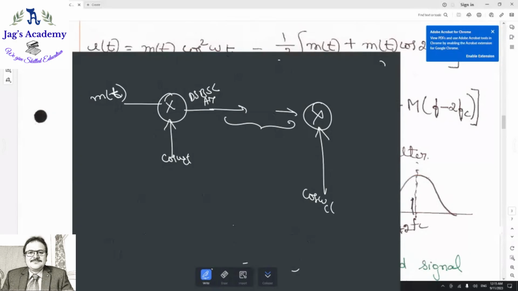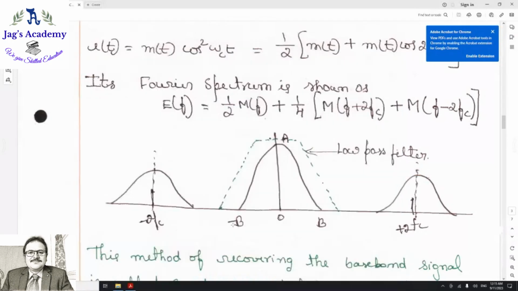So what you are going to get back is your original signal, half into m of t. Of course, the amplitude we can amplify later. Done. This is a modulator and this is your demodulator. It's very simple. The theoretical aspects are also very important for you.